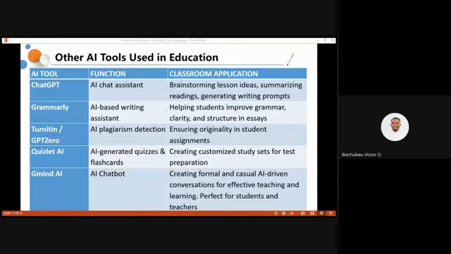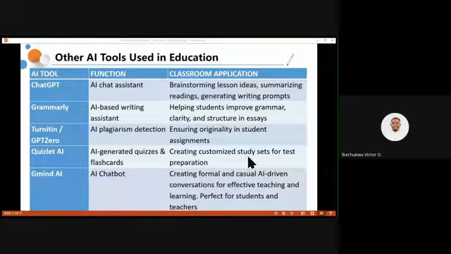Then we have Quizlet. Quizlet is an assessment tool. It could be used as a formative or a summative assessment tool, and is used to create customized study sets for test preparation.